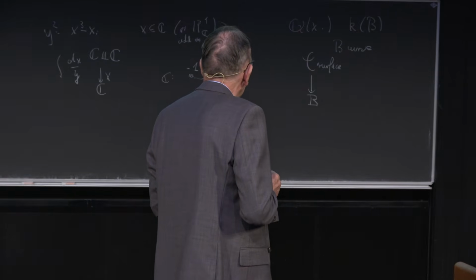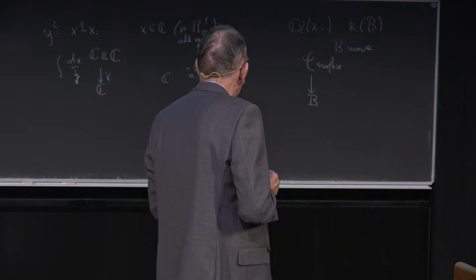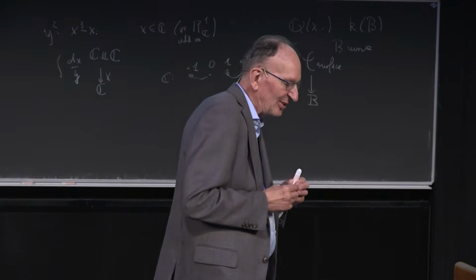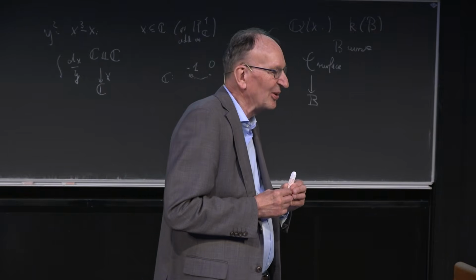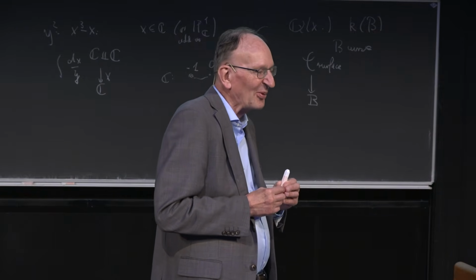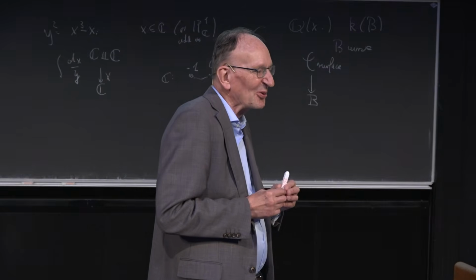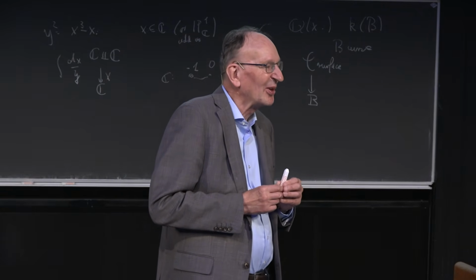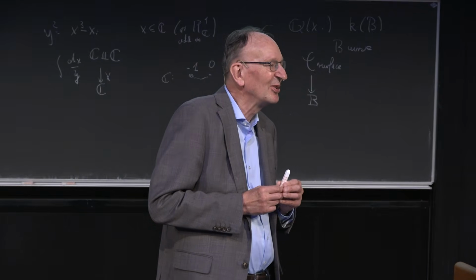And for number fields, you can do the same. You can take as the base the integers, and you have a relative curve over this. But then you are missing something. I mean, you usually have to do projective spaces, and there you have to add points at infinity.